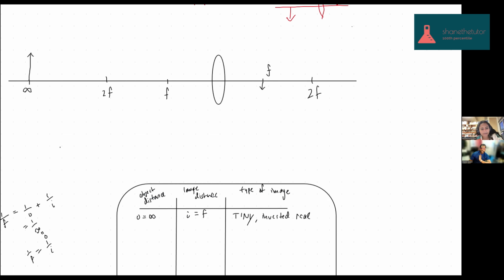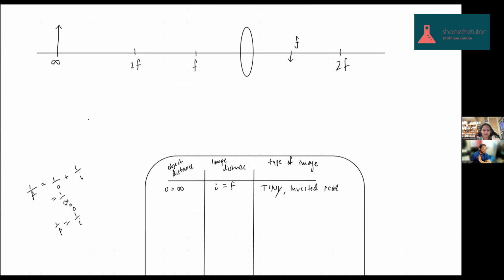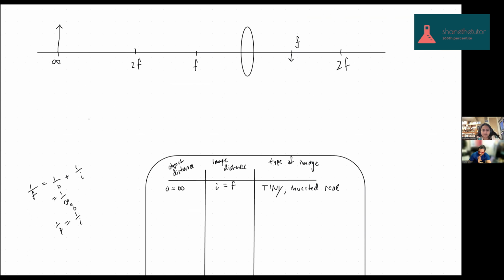All right. Now let's consider if the object distance is further than 2f, but not at infinity. You will end up with an image that will be between f and 2f. What type of image this will be: small, inverted, real.